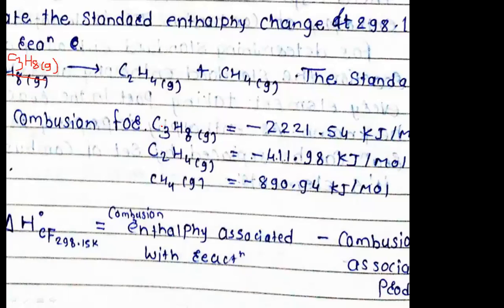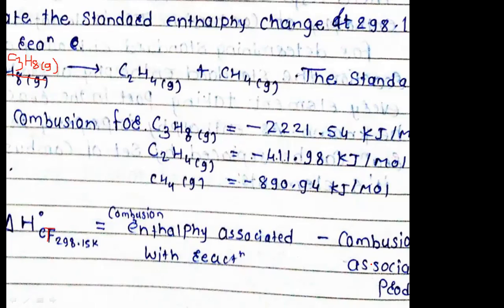So if combustion enthalpies are given to us and we are asked to calculate the standard enthalpy of the entire reaction, the only change is the formula: delta H for the entire reaction at 298.15 Kelvin is equal to combustion enthalpy associated with reactants minus combustion enthalpy associated with products.